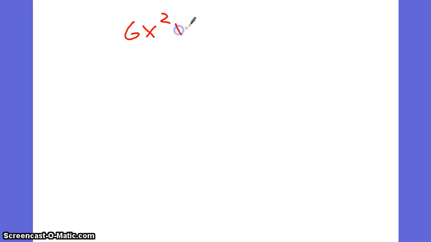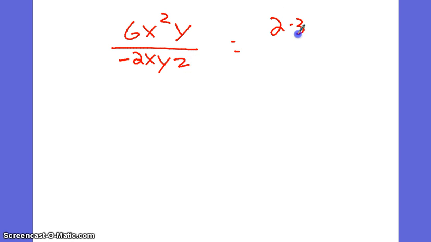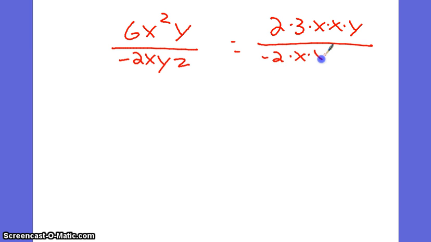6x squared y divided by negative 2xyz. And again, I'm going to break this down: 2 times 3 times x times y, over negative 2 times x times y times z. I'll make my y more clear. And what you can do with that is you can cross some stuff out.